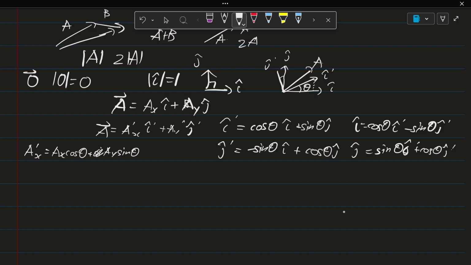And so this is for a x prime, but for a y prime, it's going to be negative a x sine theta plus a y cosine theta. So this is just a way for you to convert from one system to another when it comes to rotational transformation.